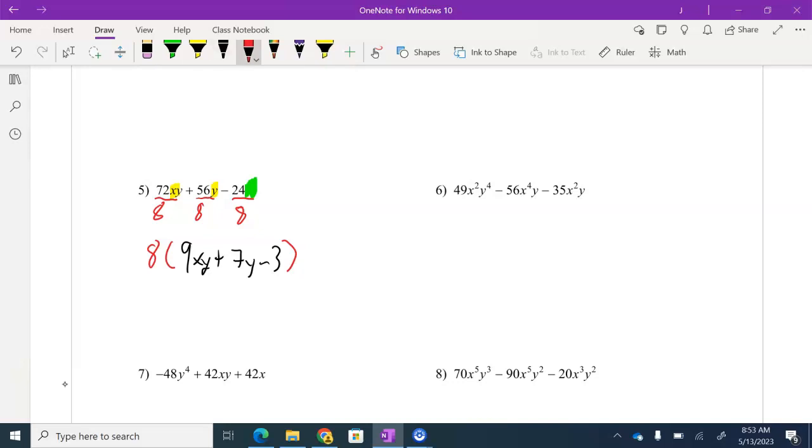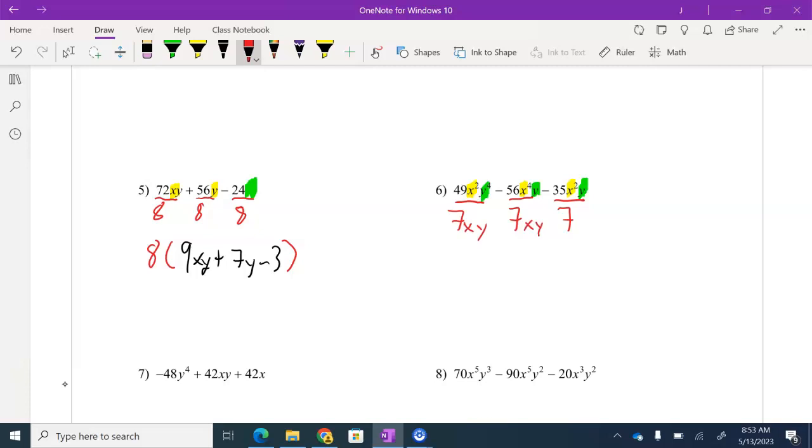In this other one, number 6, when you put your fraction line and see what divides out of all of these, which is going to be 7, notice that there are letters present in all terms. So you could see how you have an x, x, and x, and you have a y, y, and y. So you could take out an xy out of all of them.